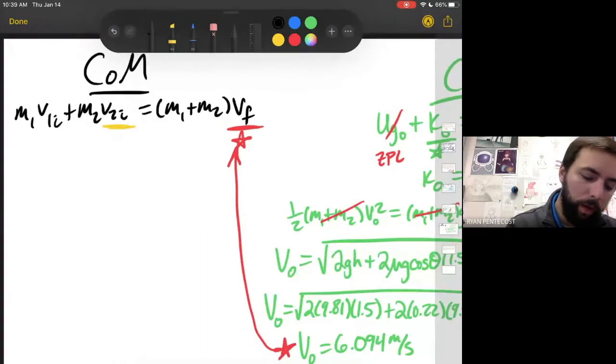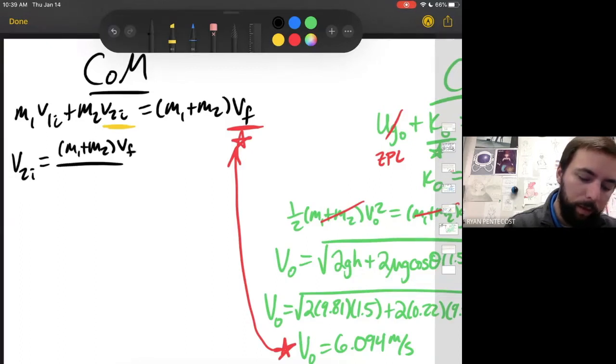Let's solve for V2 initial. So you've got V2 initial equals M1 plus M2 times V final, minus M1 V1 initial, then divide by M2.